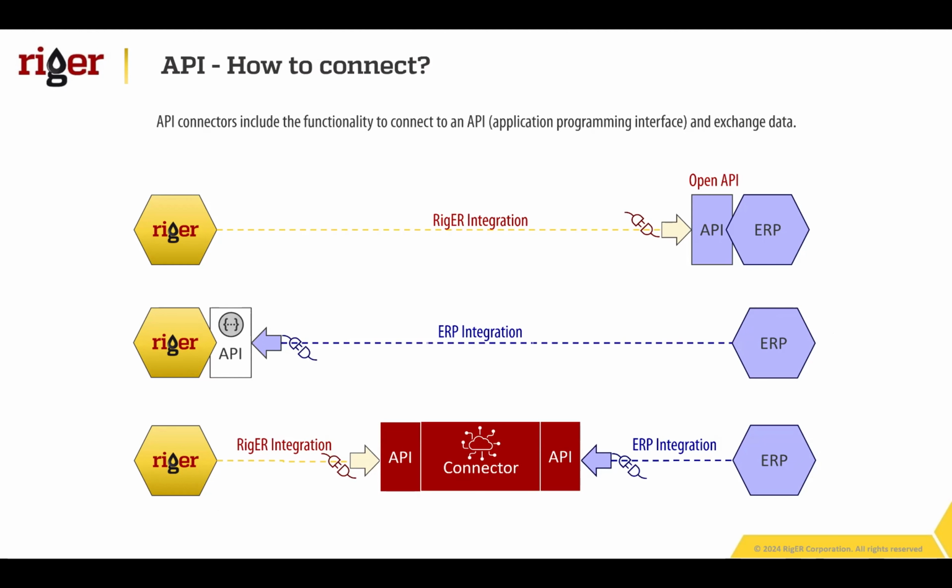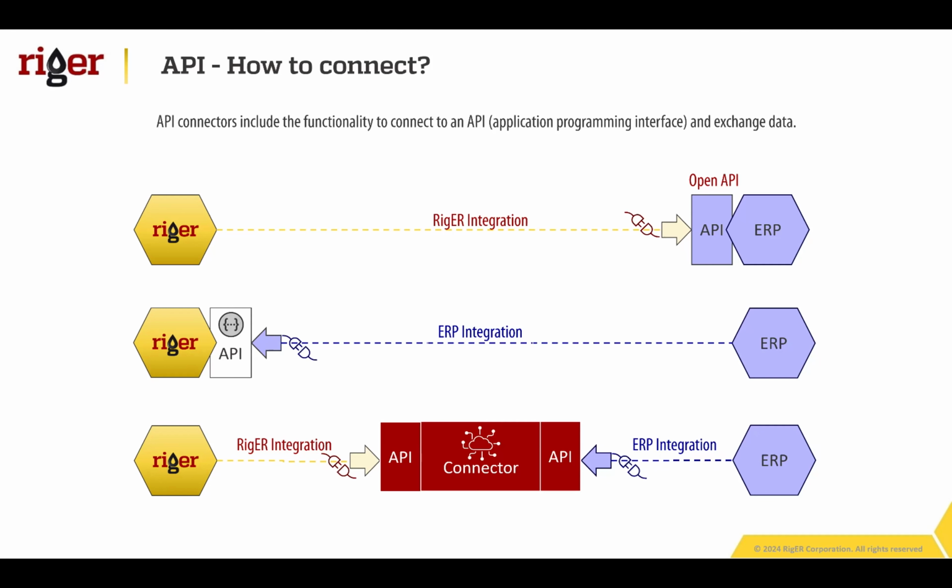When we use the RigER API, then ERP connects to RigER and sets up everything there. So this is exactly what we're talking about when we build the RigER Open API and explain every single field, how to connect to every single field, and what kind of information ERP can extract from RigER.